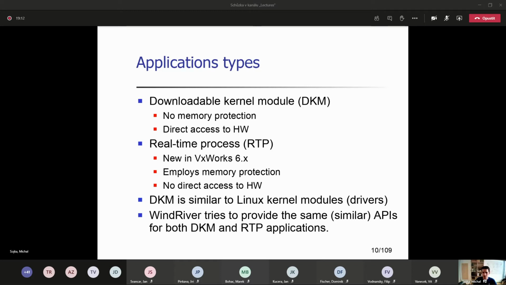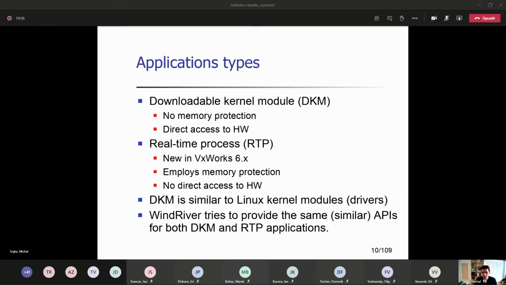So as the hardware evolved over time, it was clear that it's not possible to stay with this type of development even for real-time operating systems. So some 10-15 years ago, VxWorks started to offer a new type of application, which is called real-time process.